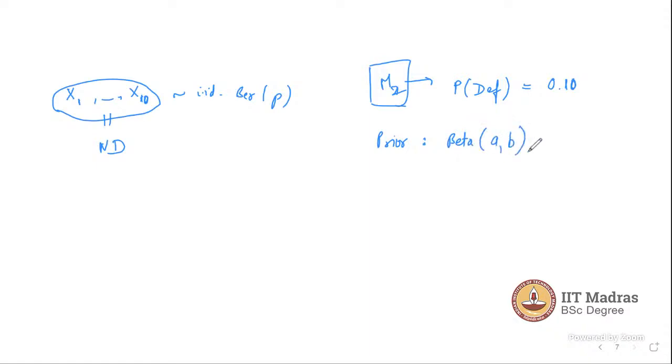How did you reach that from the question? It is not given in the question. If you look at the lecture, it's not that something is given in the problem. I'm just saying, let's say I assume that the prior distribution of P follows some beta distribution.